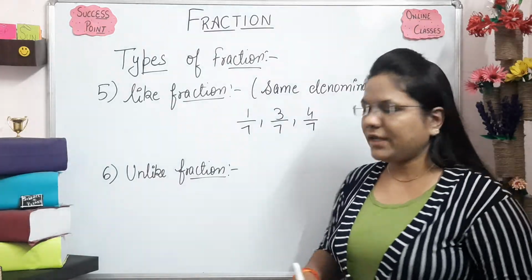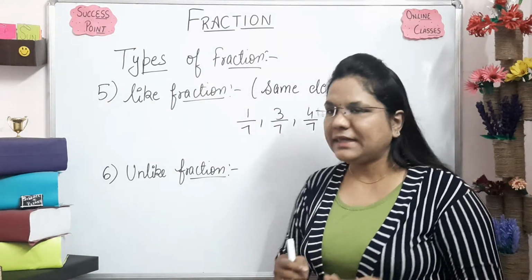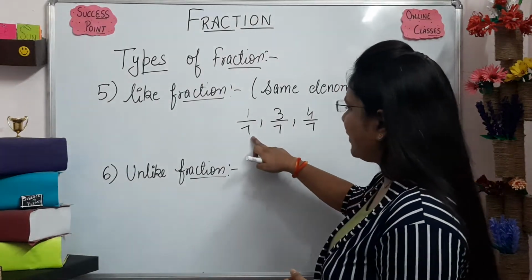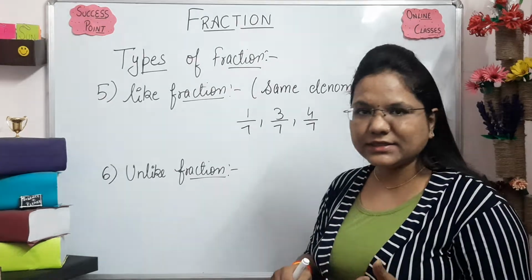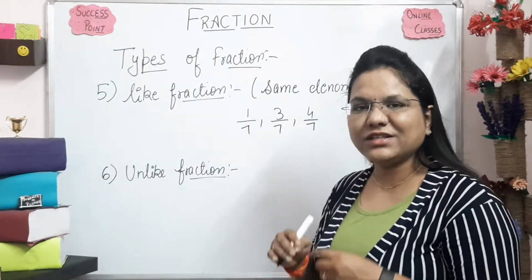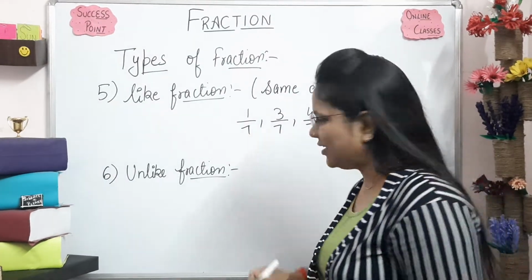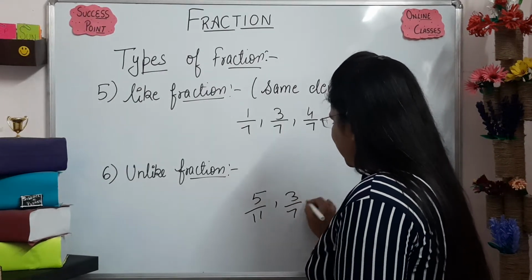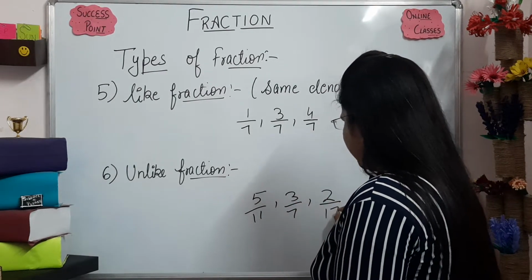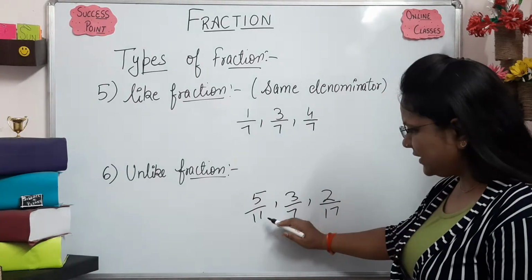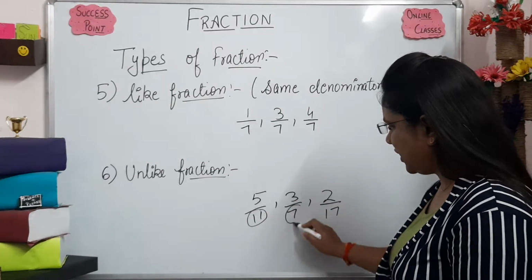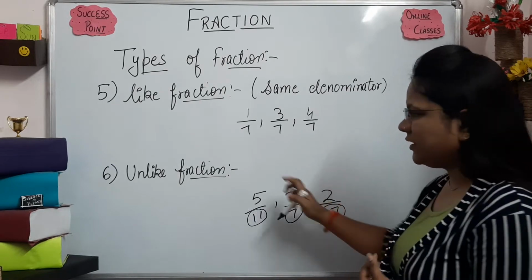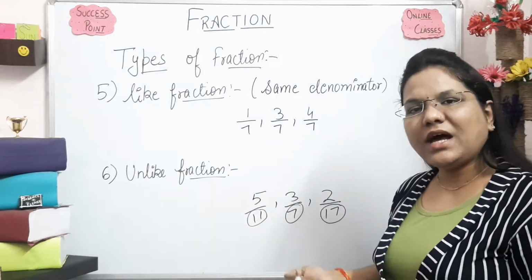Going to the next type, unlike fraction. In like fractions, denominators are the same. But in unlike fractions, the denominators are not the same. Like 5 by 11, 3 by 7, 2 by 17. As we can see, all denominators are different. That is why we call it an unlike fraction.